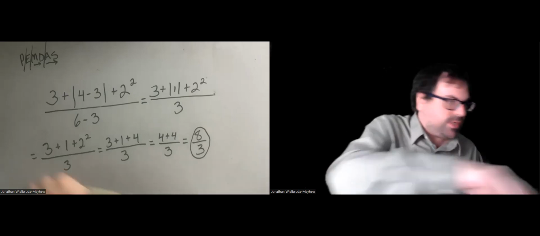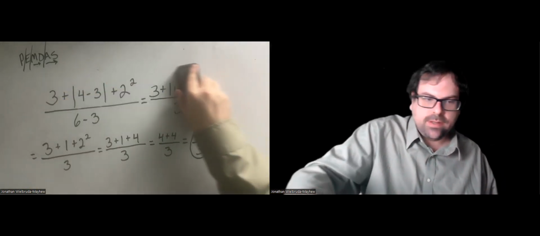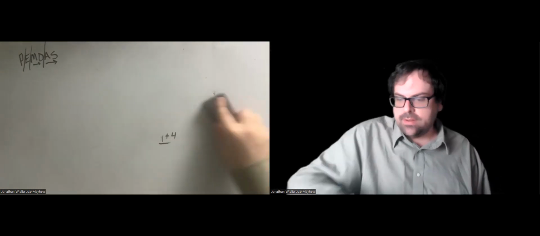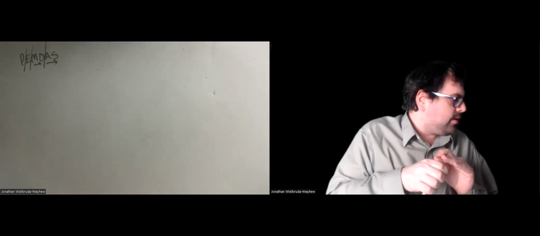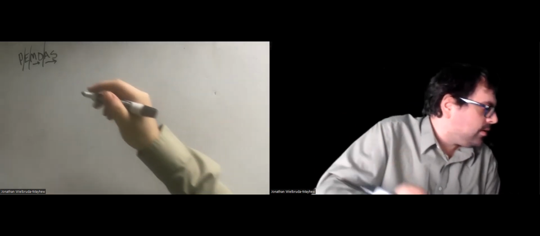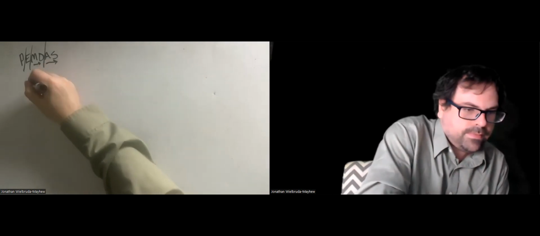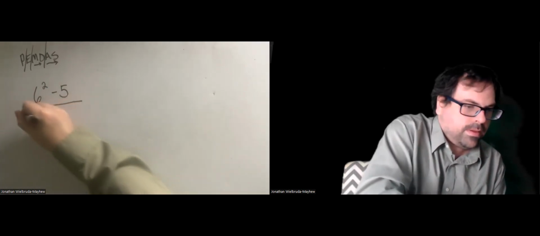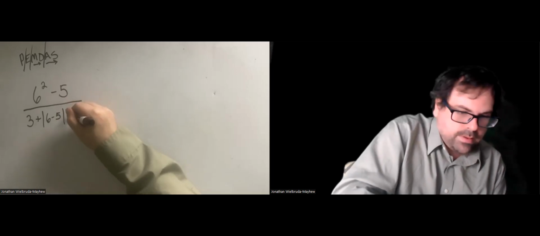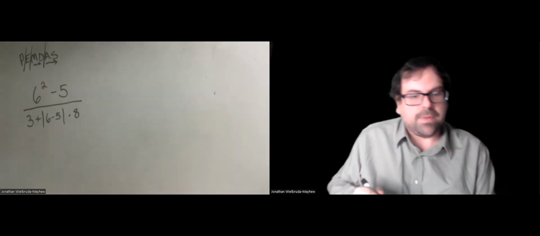You want to try one of these crazy ones? If you feel like a challenge, go ahead and pause this next one. I'm going to go ahead and get started with it.